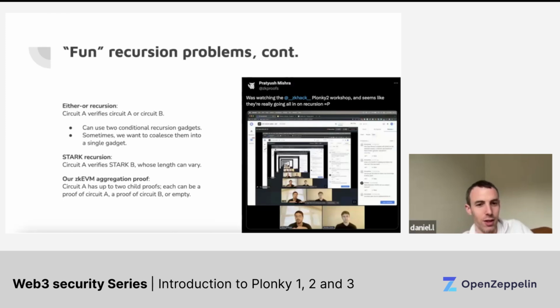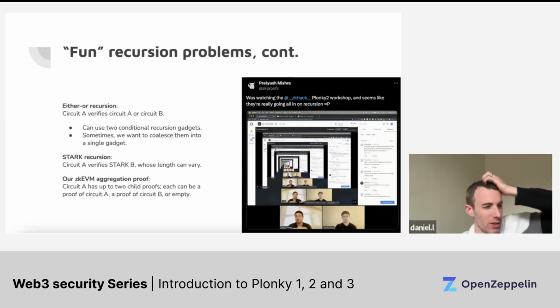One is, if we already have conditional recursion, we can build on that and have two conditional recursion gadgets, and then we can assert that one or the other was enabled. But this means that we're duplicating all the recursion circuitry and doubling most of the work. So sometimes we try to coalesce them into a single recursion gadget, and we select the input depending on which circuit we're verifying in this case.